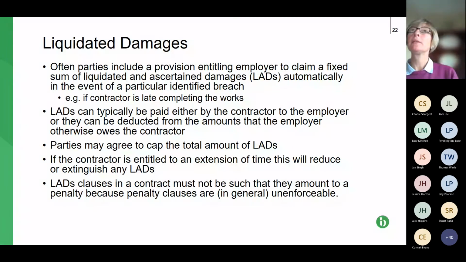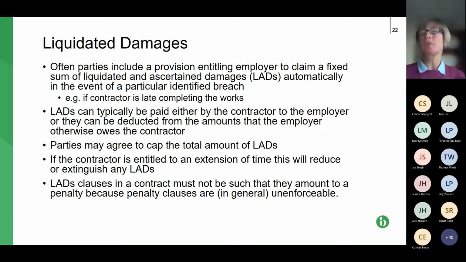So moving on to liquidated damages. Again, this is in the delay context. We've already seen that for a breach of contract, you get general damages.